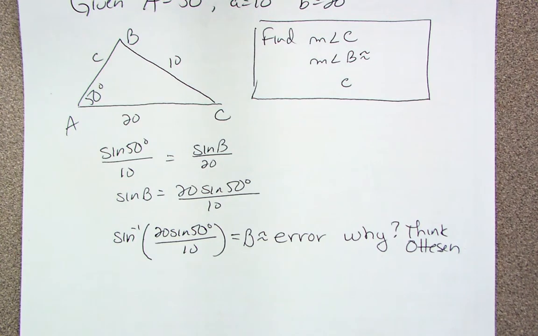Think of an angle at 50 degrees, think of a side of 20, think of a side of 10, and the missing components. Think about that picture. If you got this on an SAT test, you would have to explain why it's an error. Is it a Pythagorean theorem? There's no Pythagorean theorem. I need that for only right triangles.